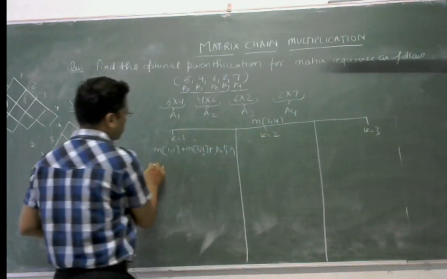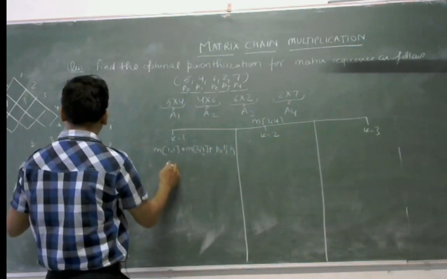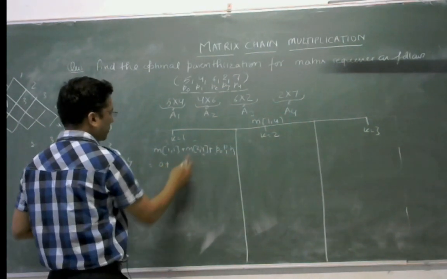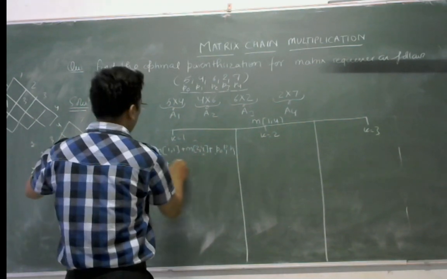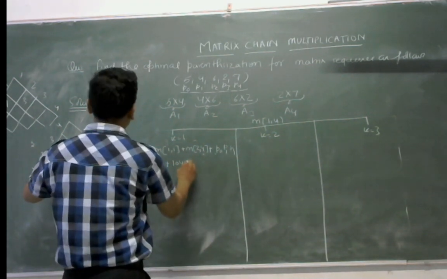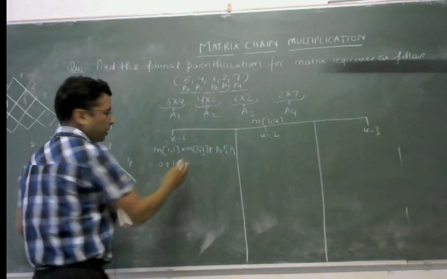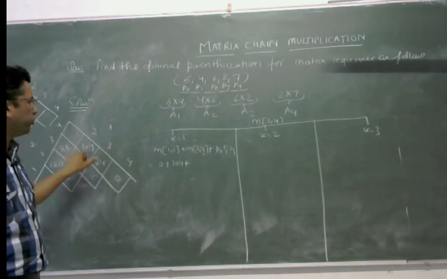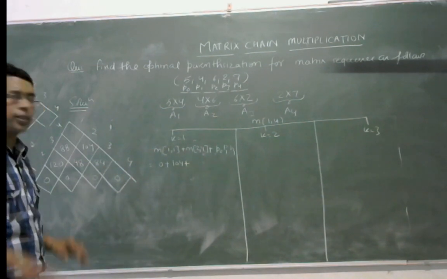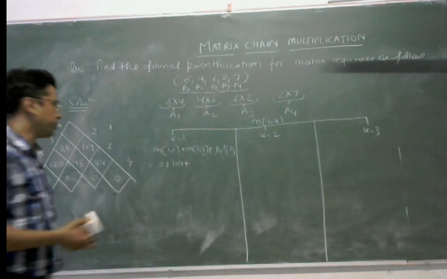Similarly, this is equal to M11, which is 0, plus M24, which is 104. We are reusing the data, because we already know from the chart that M24 is 104. That's why it is called dynamic programming.